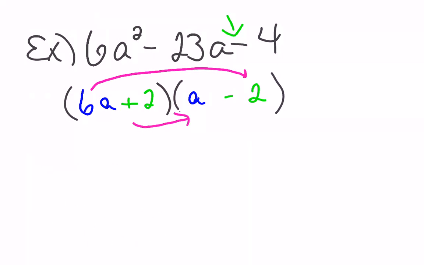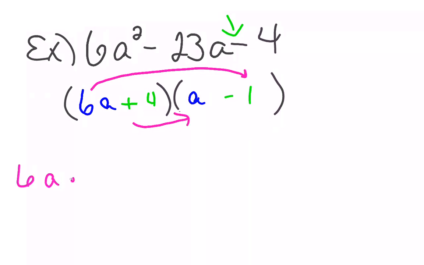Now before I change all of them, what I'm going to do is just change the last one. Don't want to go too crazy all at the beginning. So I tried 6a and a with 2 and 2. Now let's try 4 and 1. Now let's look at our outers and inners.